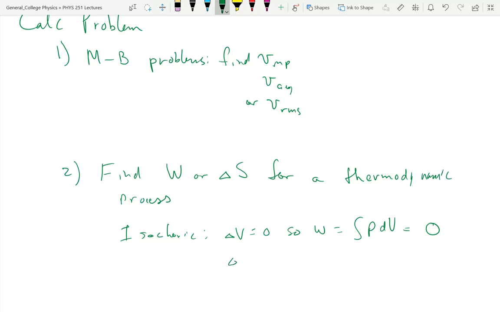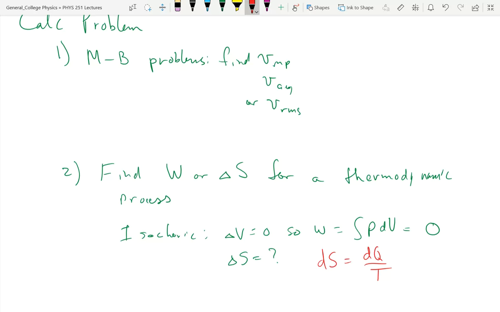So how do we find the change in entropy? We'd start with dS is equal to dQ over T. And now we're like, right?